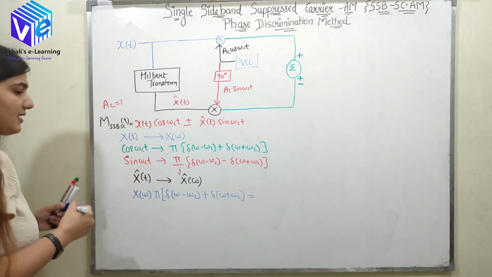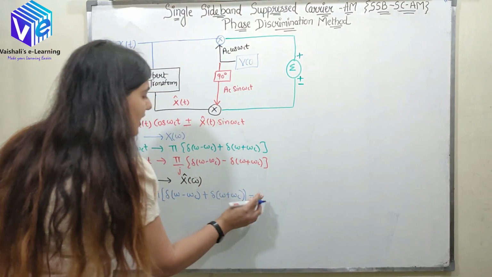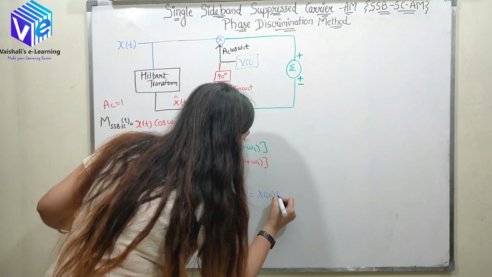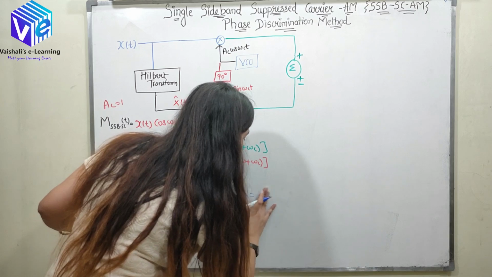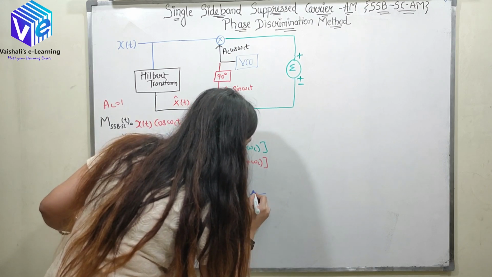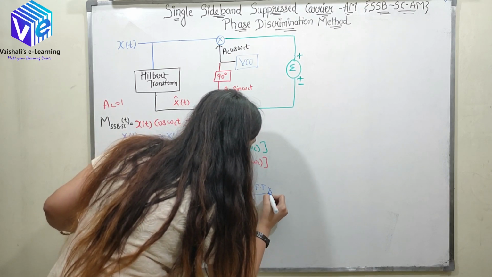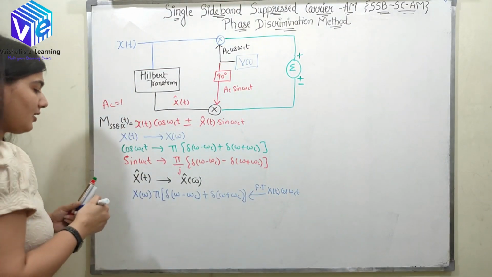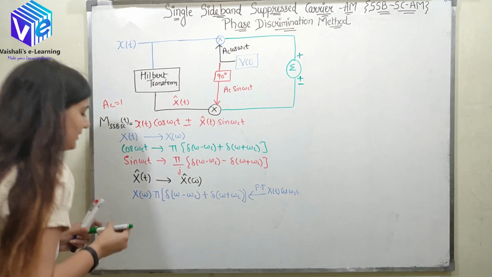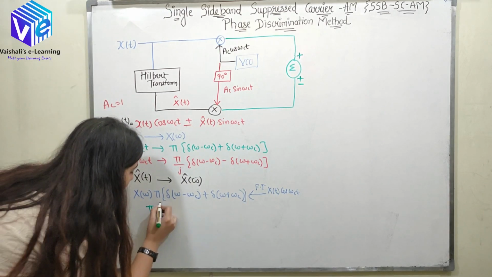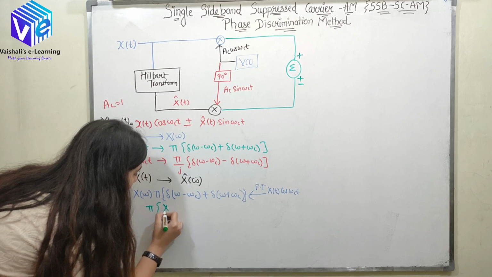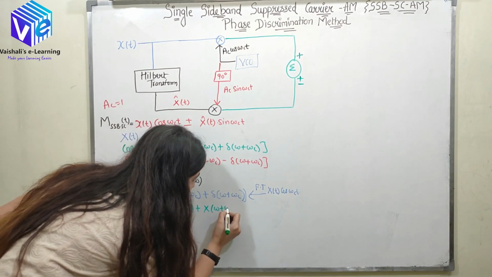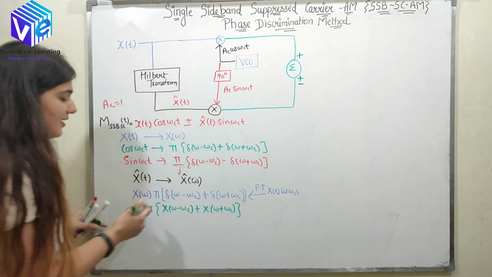I can represent the Fourier transform of xt into cos omega ct as pi times X of omega minus omega c plus X of omega plus omega c, because it's the impulse function.